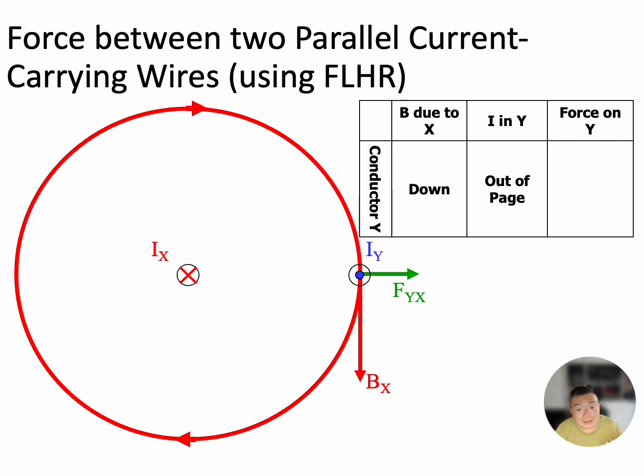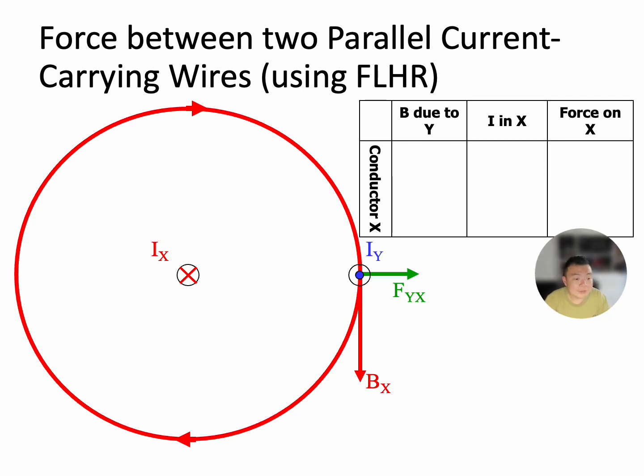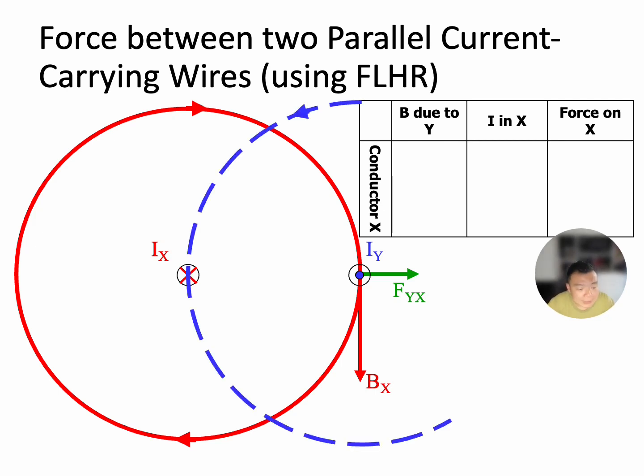We can repeat the analysis on the other wire X. So over here, wire X experiences a magnetic field caused by wire Y, and the blue circular line shows you the magnetic field caused by the current in wire Y on the right.